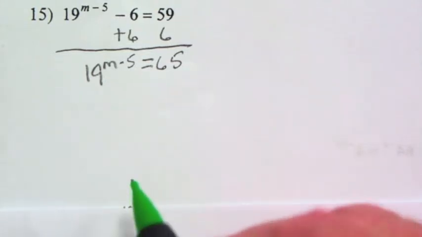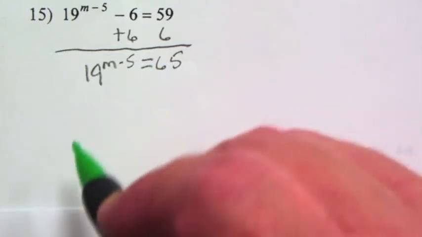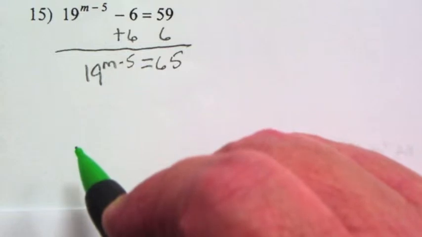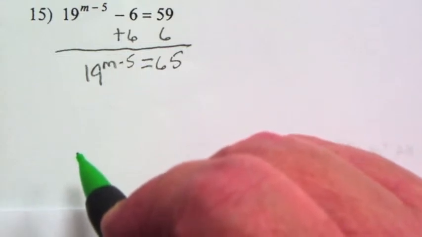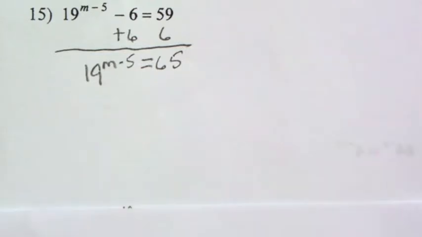Now, this exponential right here equals 65. Now, of course, there's no common base. So what I can do is just take the natural log. Natural log is ln, and the log to the base 10 is log. So I'm going to take the natural log. And as long as I do it to both sides, it really doesn't matter.